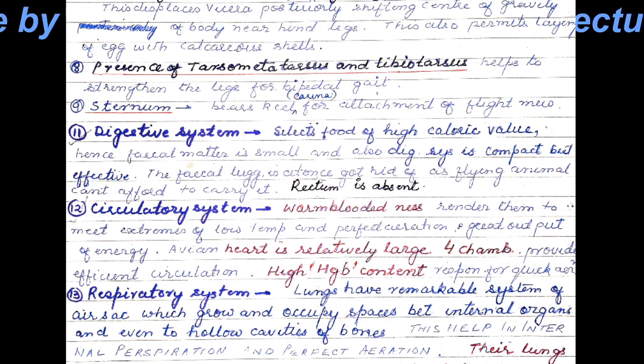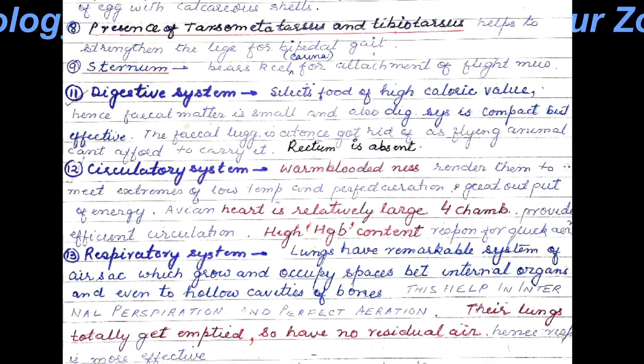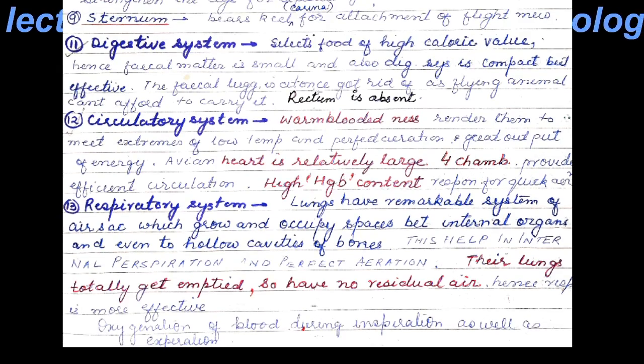Also, warm-bloodedness gives out a great output of energy. The birds have a relatively large four-chambered heart, which provides very efficient circulation, and they have a very high hemoglobin content, which is responsible for quick aeration of the body.